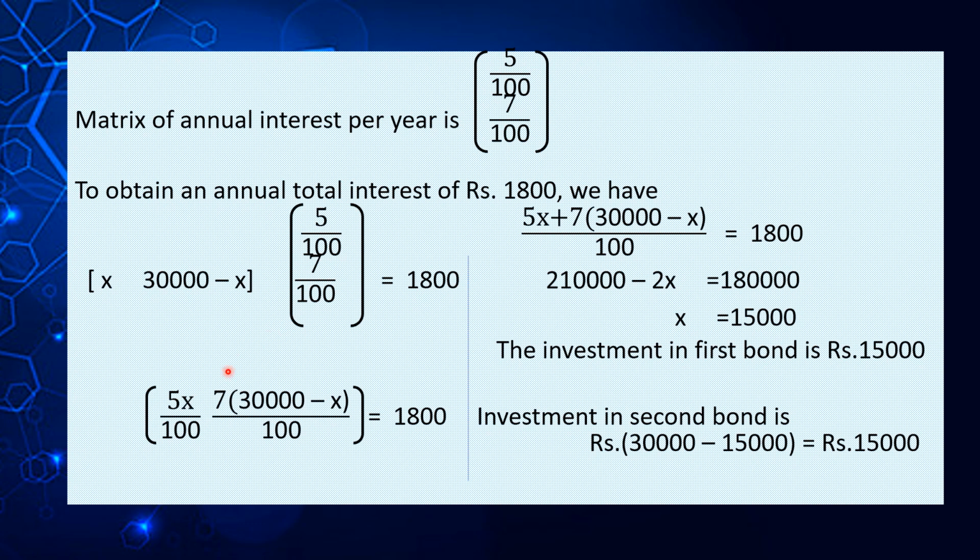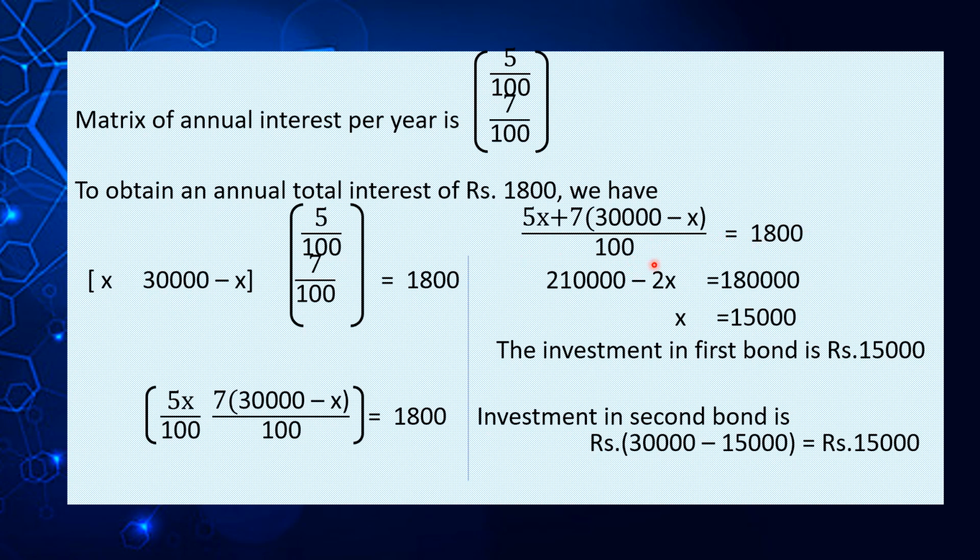After we multiply, we would get 5x by 100 plus 7 into 30,000 minus x by 100 is equal to 1,800. We know that the annual total interest would be the sum of both the interests. So we add both of these, that is we get 5x plus 7 into 30,000 minus x by 100 is equal to 1,800.